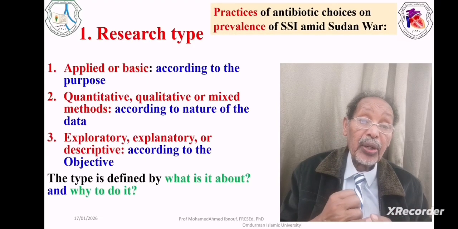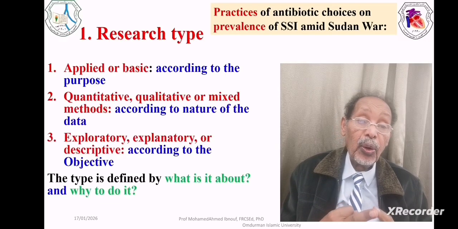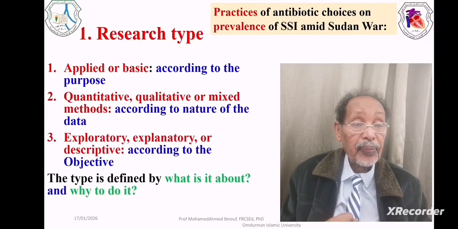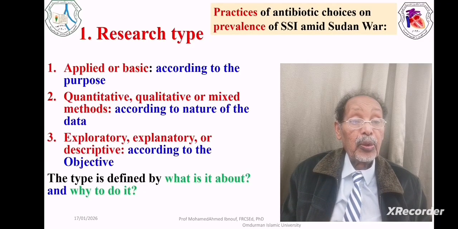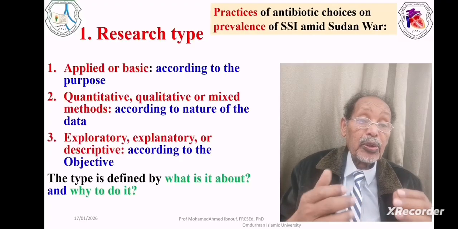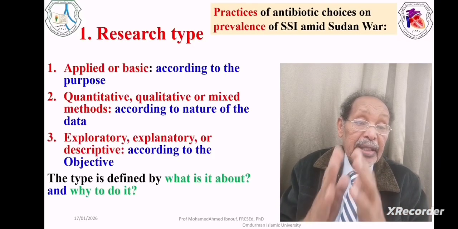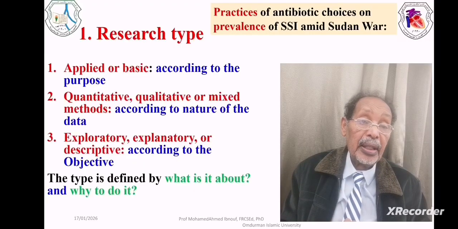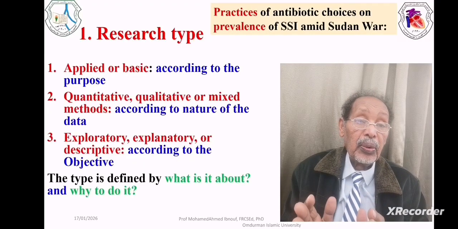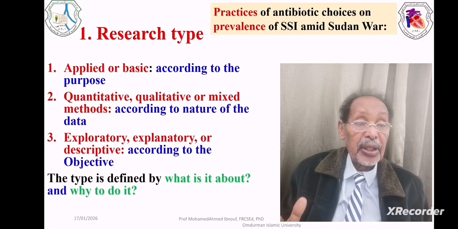Is it because of availability amid war, or because of the price, or because of a special personal preference, or because of the action of the antibiotic, being narrow, specific, and targeted in its action, or wide-based action?